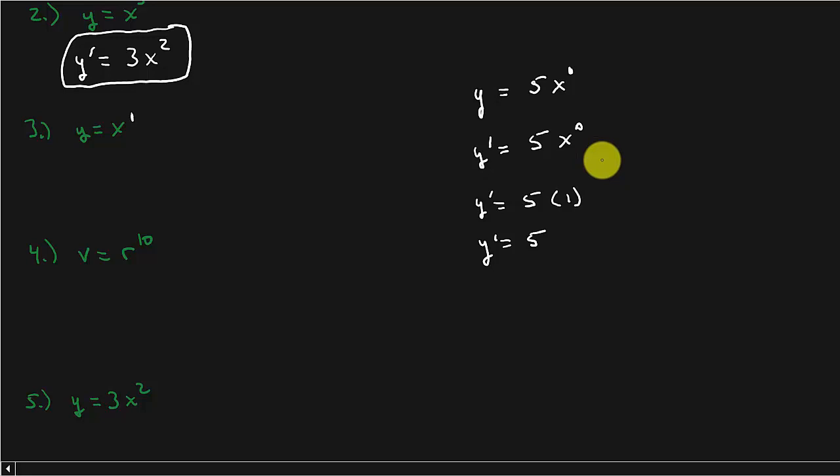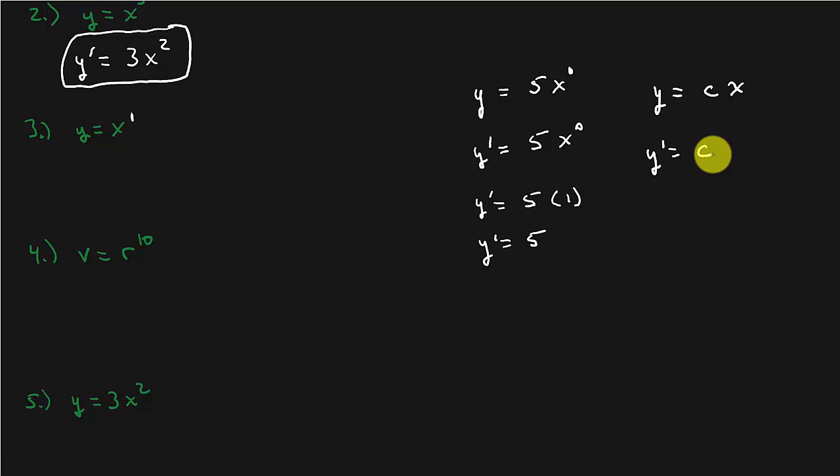I wanted to work it all out and show you all the steps so you can see where that 5's coming from. And basically what you have, if you have y equals, just say any number, some number times x, well, that derivative is just going to be the coefficient of x if it's x to the first power. Okay?